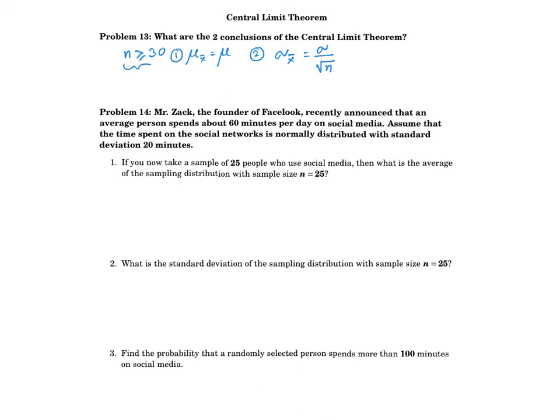Now, these restrictions on the sample size apply only if you do not know the distribution of the original population. However, if the original population happens to be normally distributed, in that case you don't have this restriction. Your sample size could be as small as 2. Obviously, you cannot have a sample size less than 2, right?